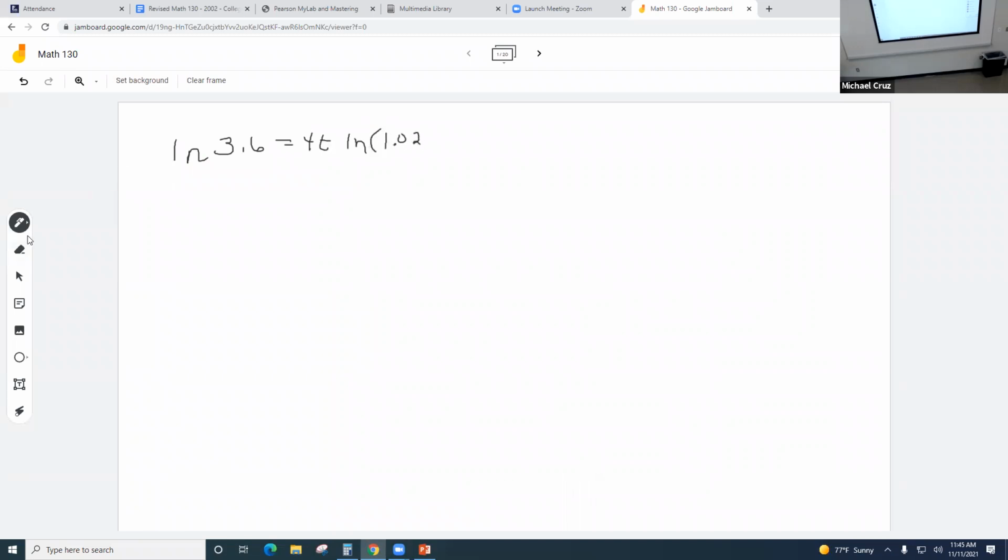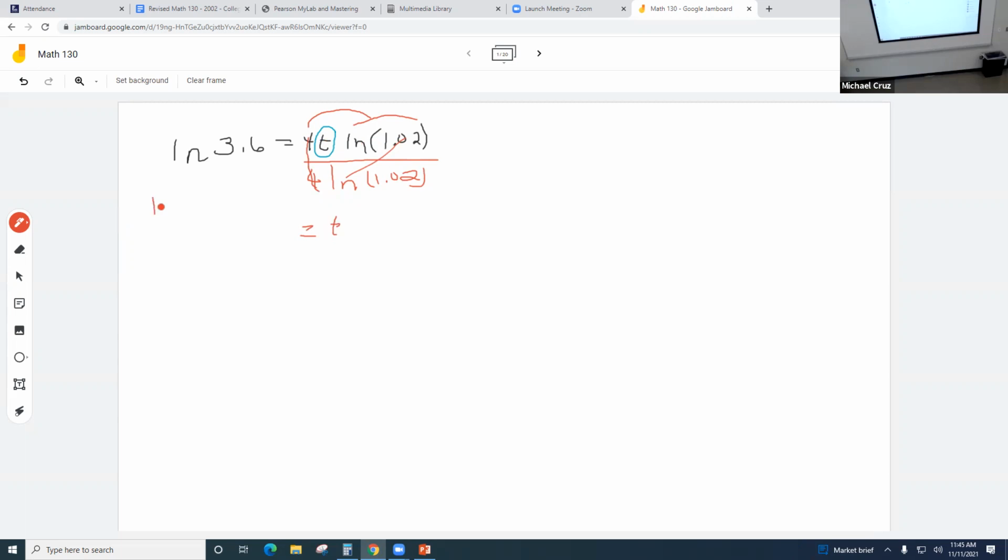All right. So what we want to keep is the t, okay? So what we're doing is these things right here are the coefficients, all right? The t is the only thing. So what we're doing is we're dividing both sides by 4 ln of 1.02 in order to just leave the t by itself.